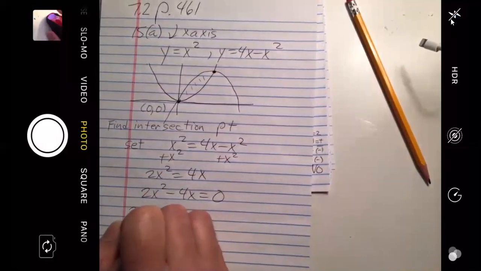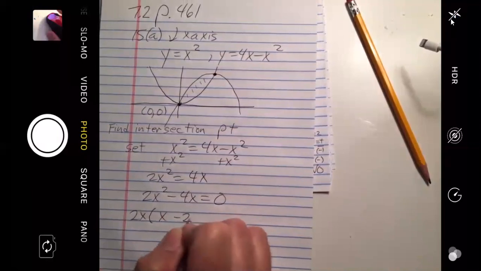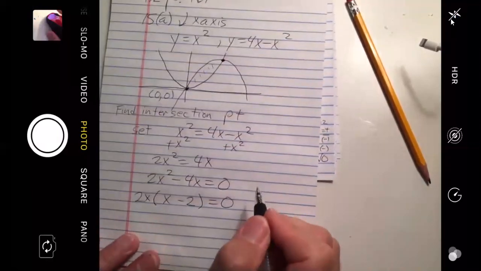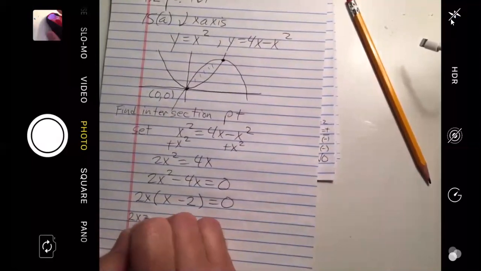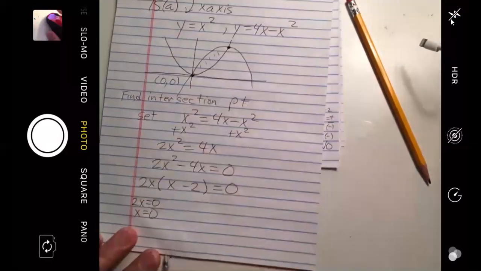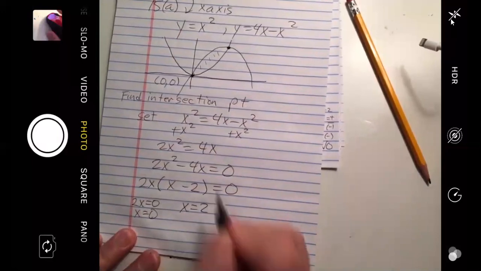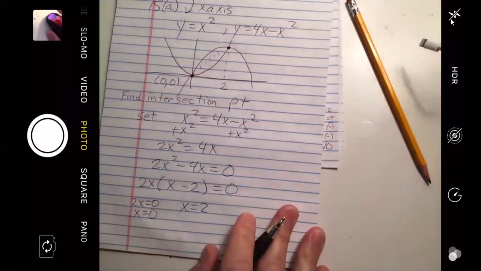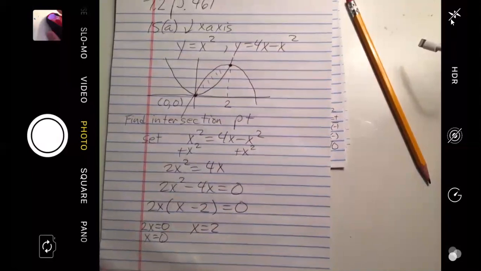Factor out a 2x, x minus 2. So your 2x would equal 0, therefore x would equal 0, and that's the origin point we already knew. And x would equal 2. So we know this point is at 2. All right, again, none of this is calculus. This is all algebra setup.